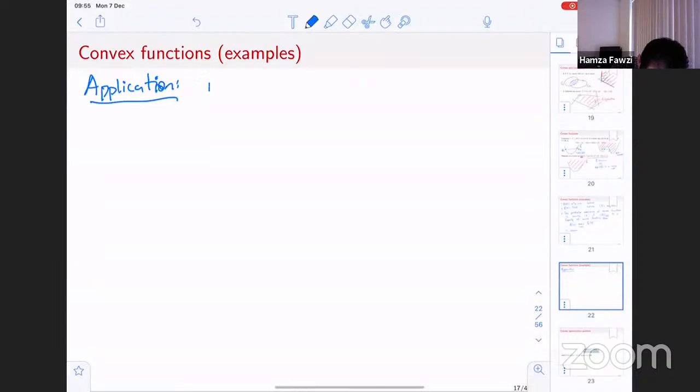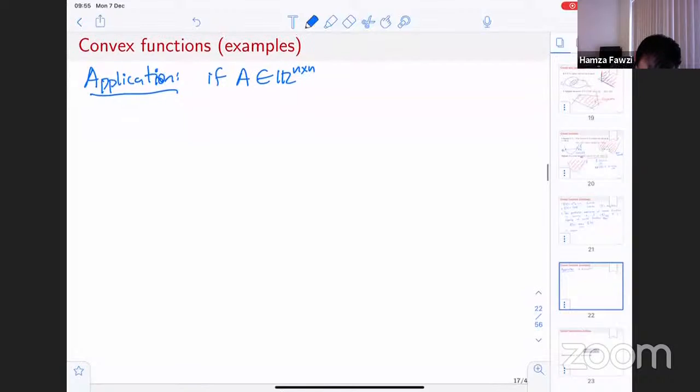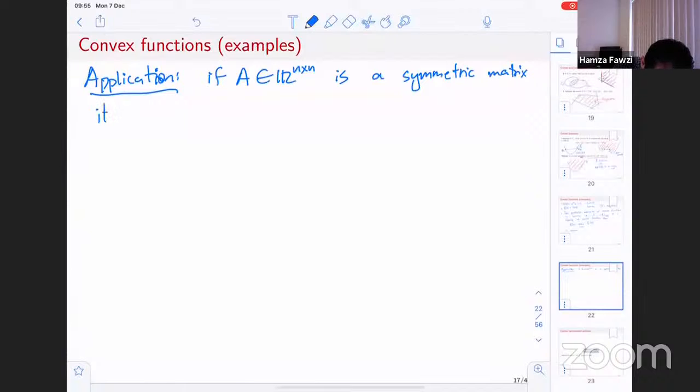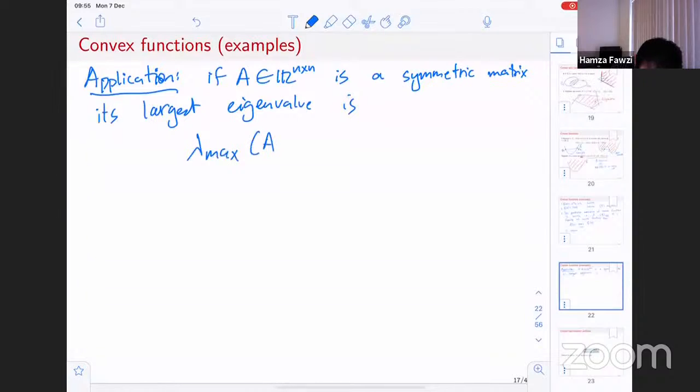If A is a symmetric matrix, its largest eigenvalue, lambda max of A, is the max over all x that have unit L2 norm of x transpose A x.